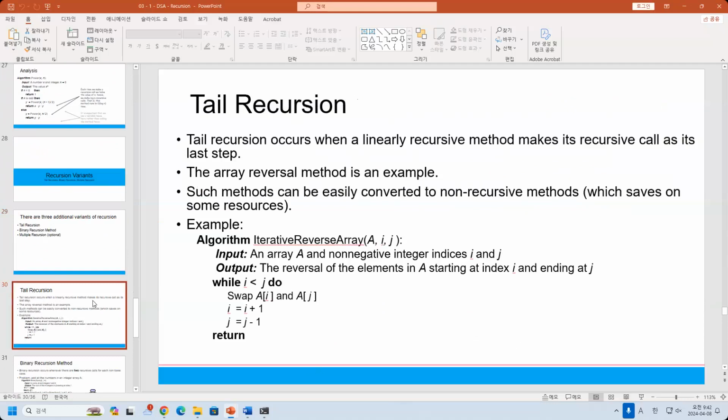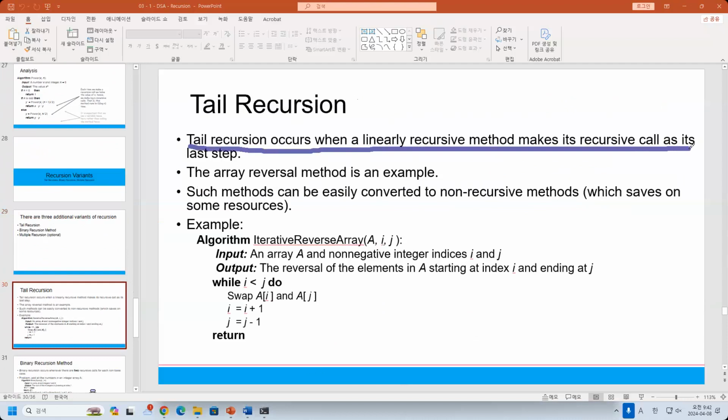What is tail recursion? By definition, tail recursion occurs when a linearly recursive method makes its recursive call as its last step.